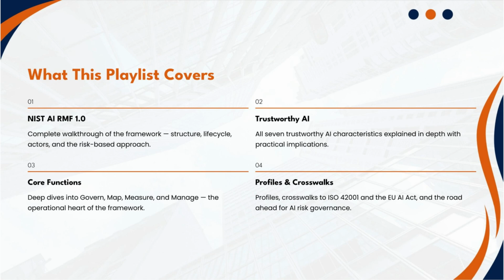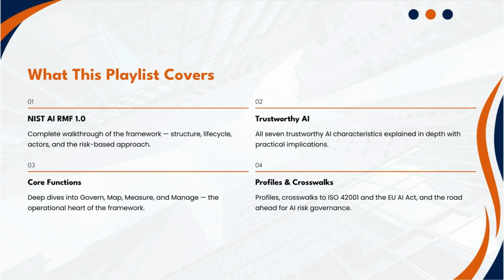And we'll close by looking ahead at profiles like the Generative AI profile, how the framework connects to ISO 42001, the EU AI Act, and the cybersecurity framework, and where AI risk management is heading next. By the end, you won't just know what the AI RMF says, you'll know how to put it to work.